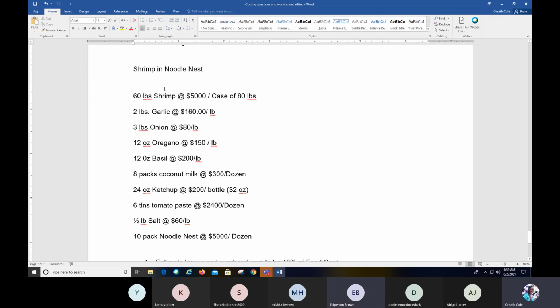So we buy it at $5,000 for an 80-pound case. What we need to find is the cost for the 60 pounds. We don't know that. That's what this one is saying. Look at the next one.